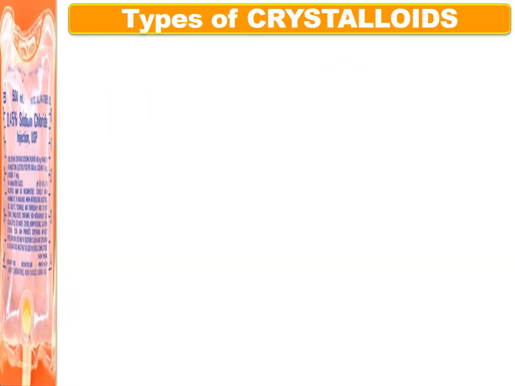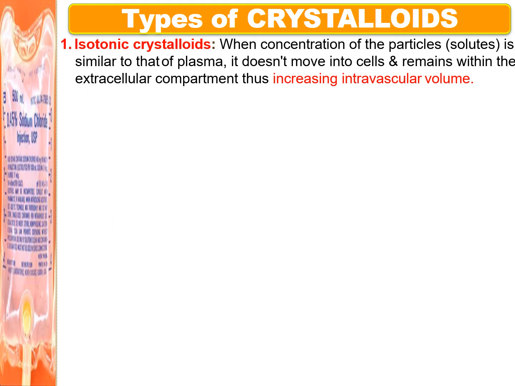Now, let us discuss the types of crystalloids. They are categorized into three. Let us discuss them one by one. The first one is isotonic crystalloids.